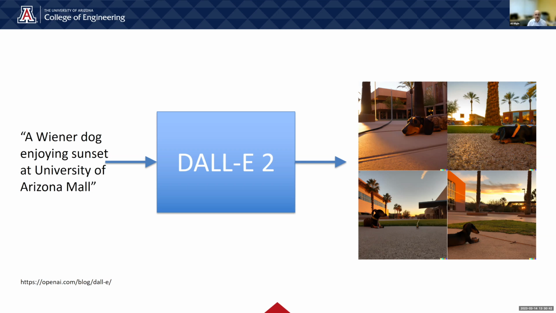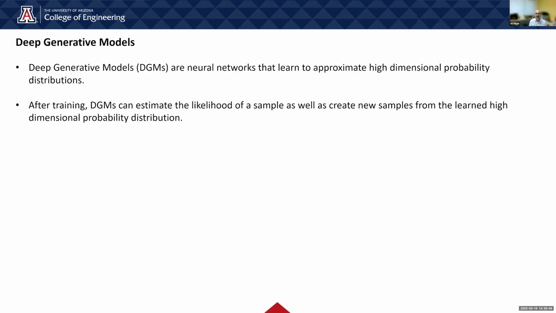Generally speaking, these deep generative models are neural networks that learn to approximate very high dimensional distributions, and then they're able to generate new samples from these high dimensional distributions, and they can also be used to calculate likelihoods.